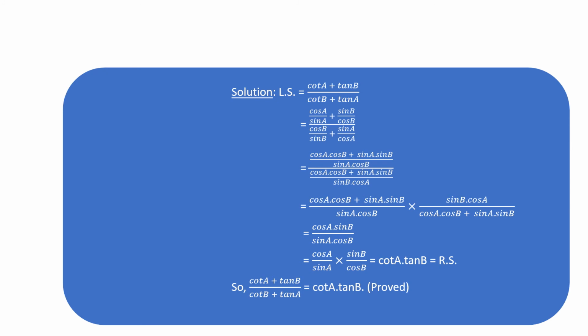So (cot A plus tan B) by (cot B plus tan A) equals cot A into tan B. Proved.